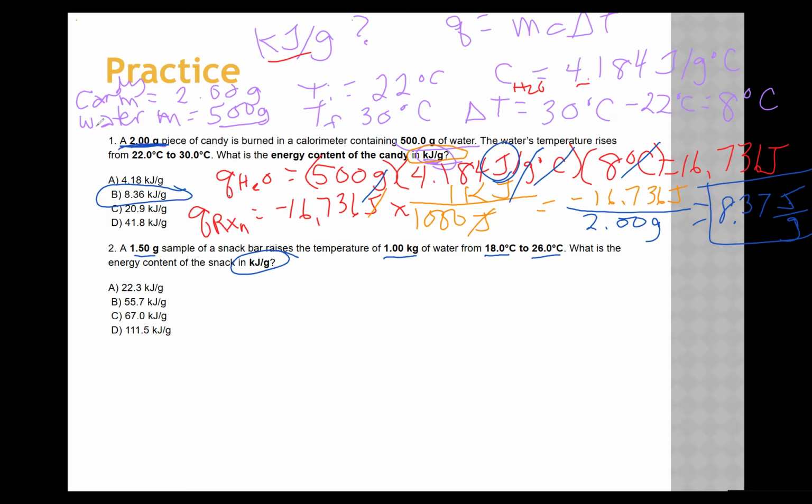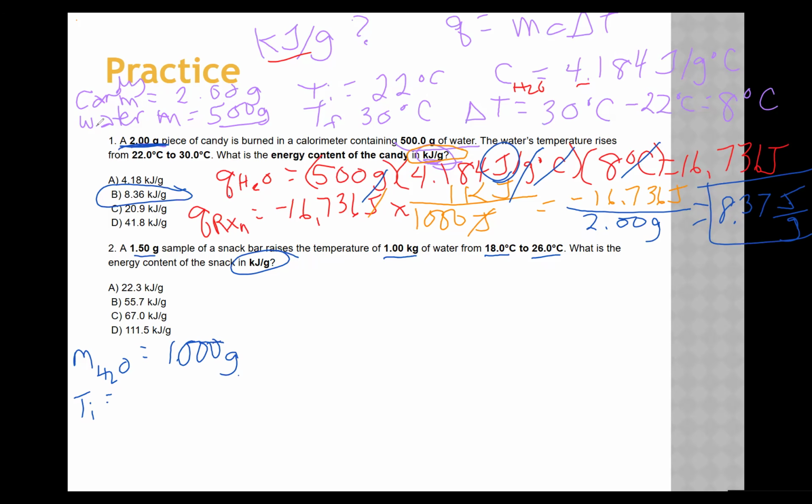We have our mass of water equals 1,000 grams, because it's 1 kilogram and we know that 1 kilogram is 1,000 grams. I just did that conversion in my head.